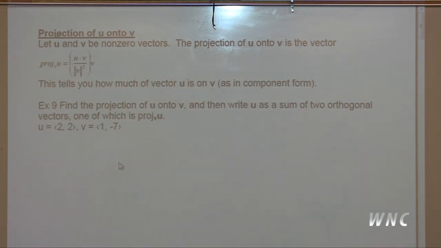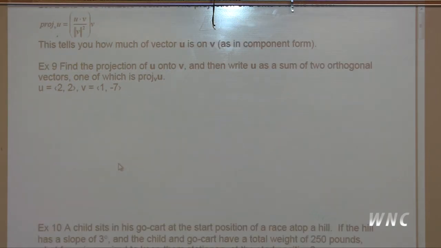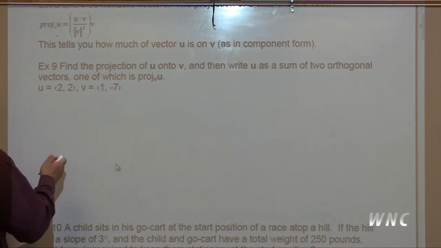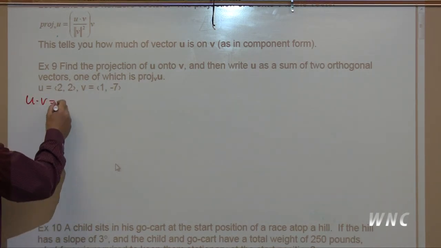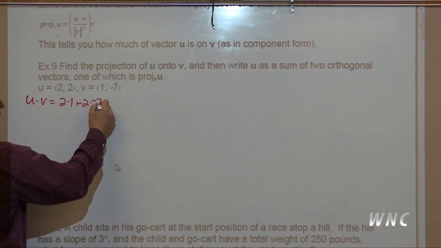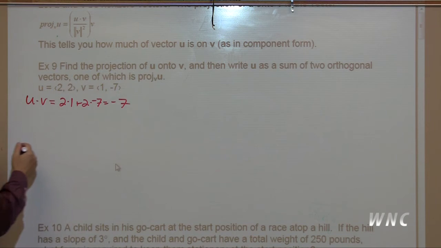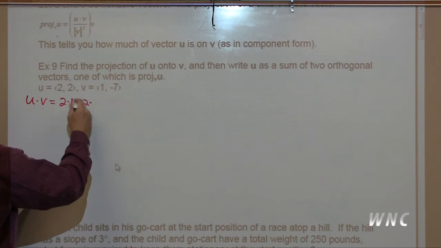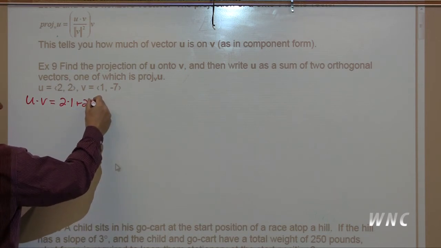So we want to find the projection of u onto v. So first let's find u dot v. That's going to be 2 times 1 plus 7 times negative 2, no, that's not right. Second. What's 7 times 1? Okay.